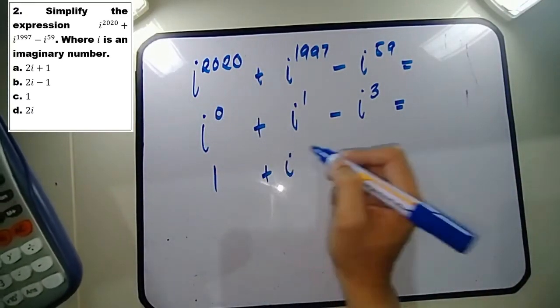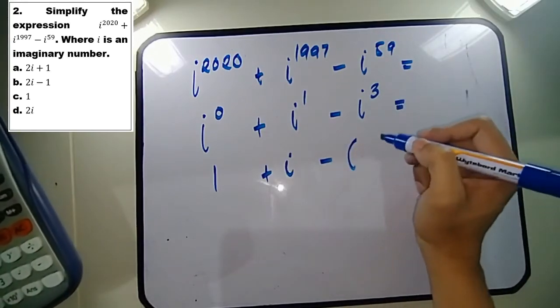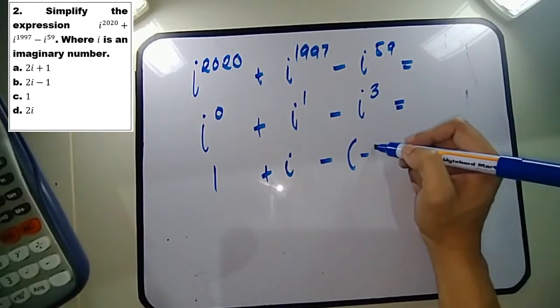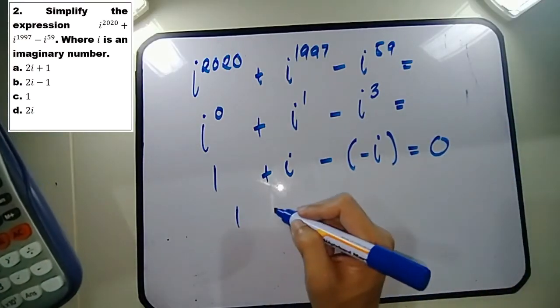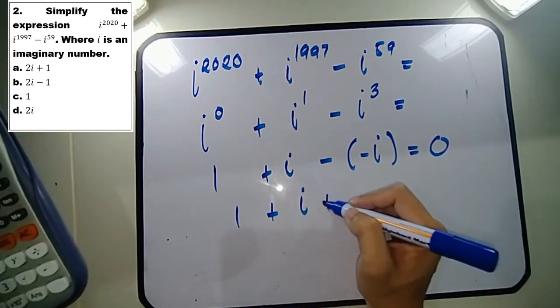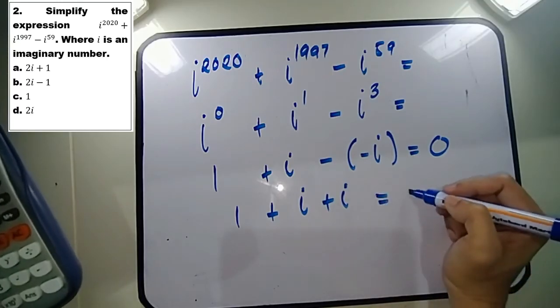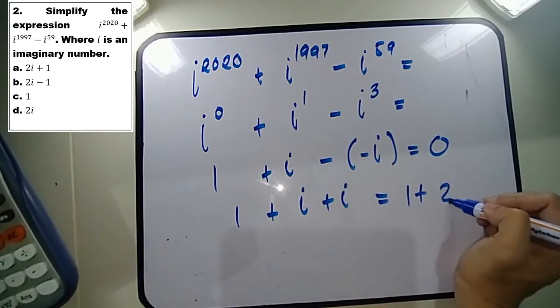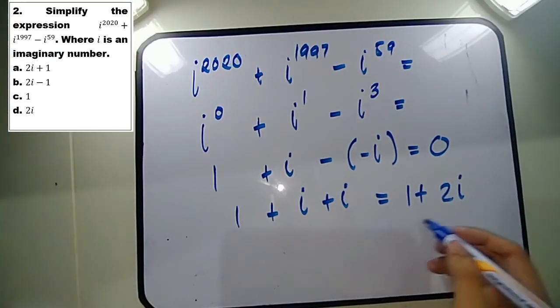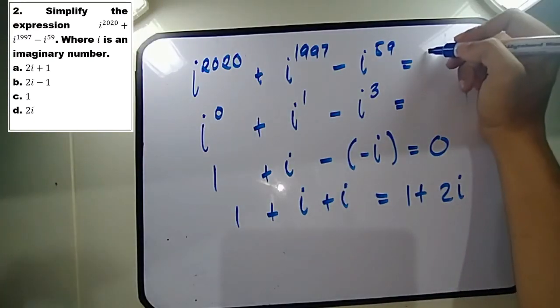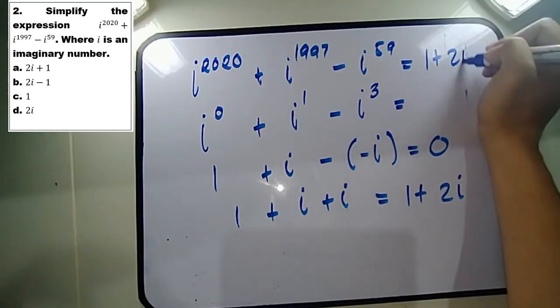Plus i minus, i cubed is just equal to negative i, equals 0. So this is 1 plus i plus i, so this is 1 plus 2i. This is our answer here.